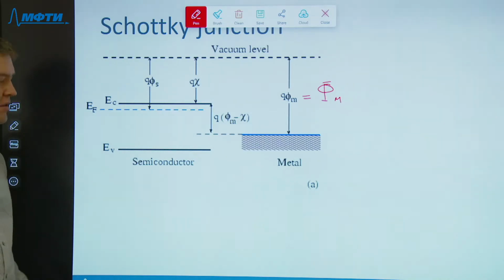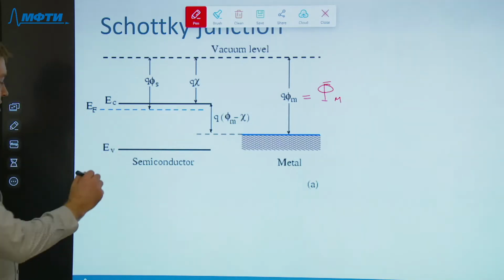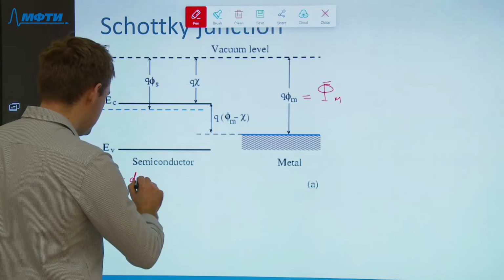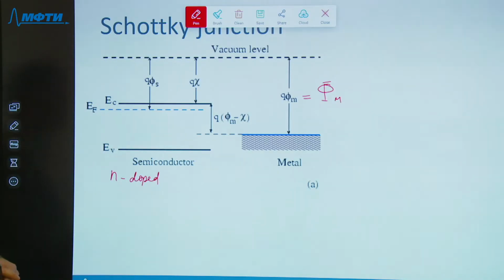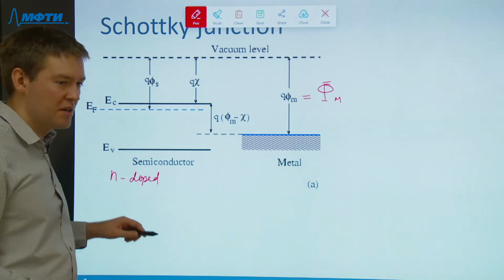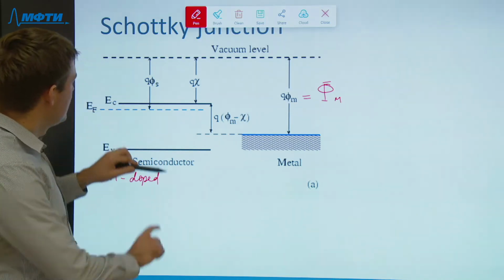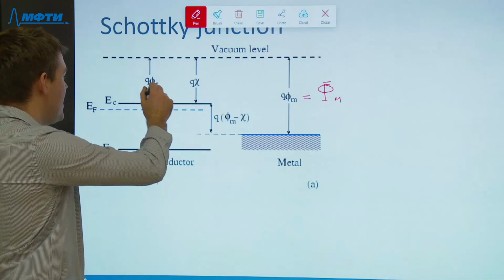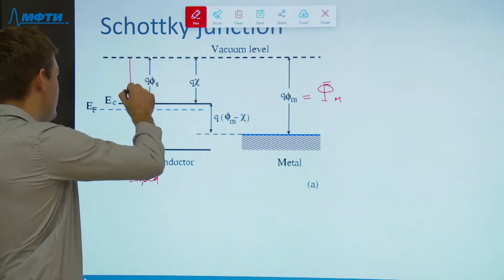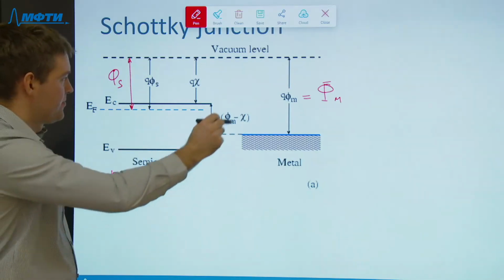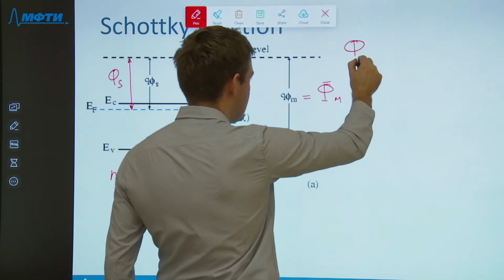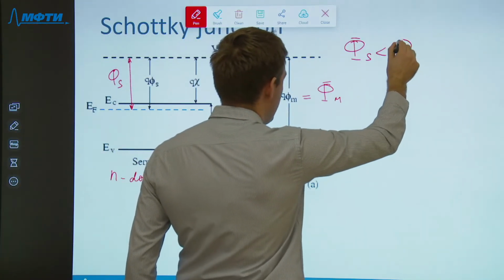And on the left we have a semiconductor. This semiconductor is considered as n-doped. And typically for n-doped semiconductor, the work function, which is denoted here as phi s, is less than phi m.